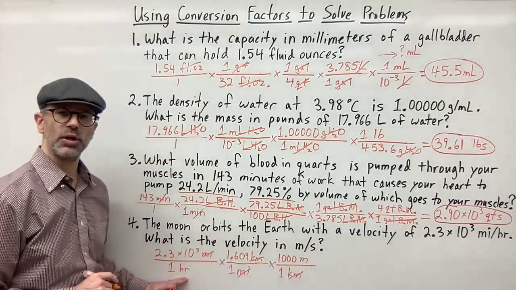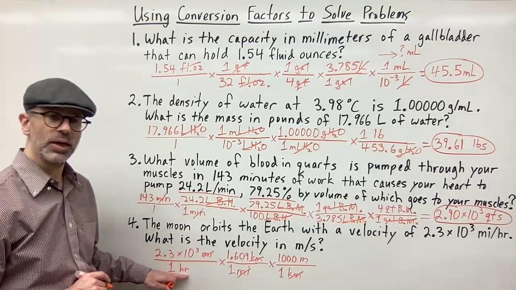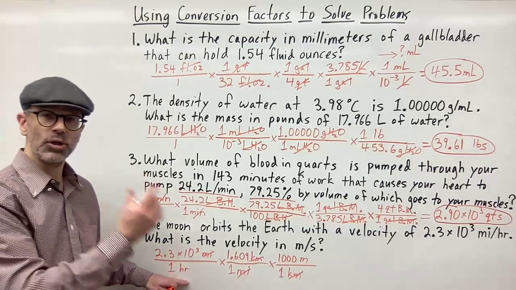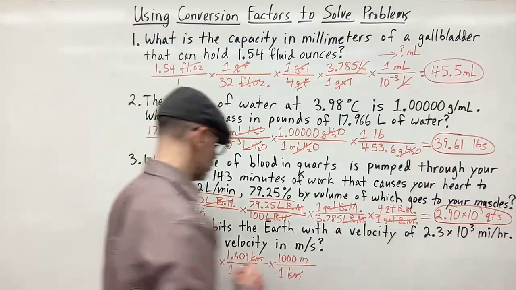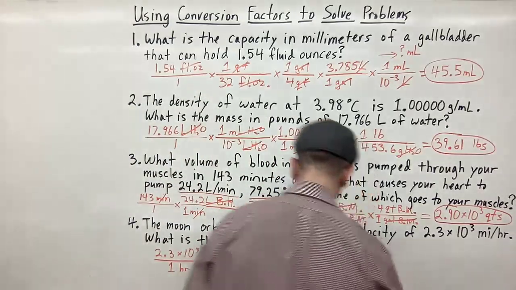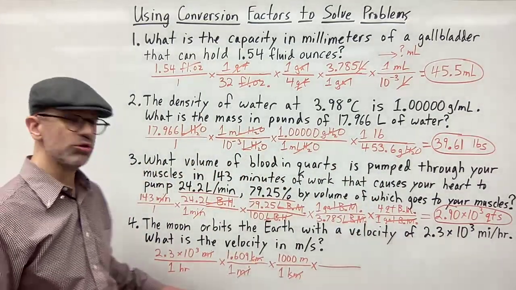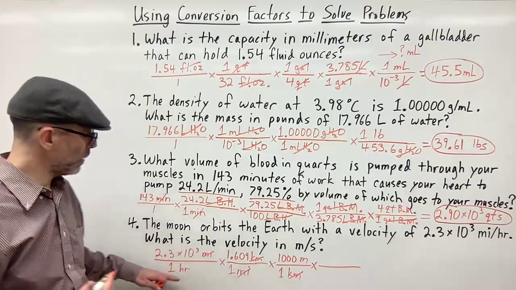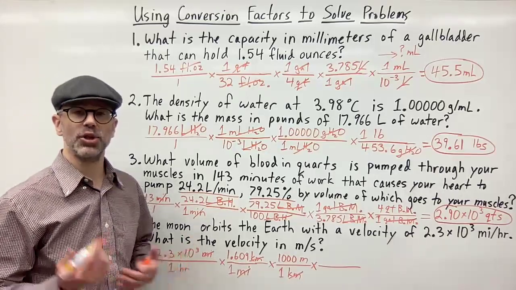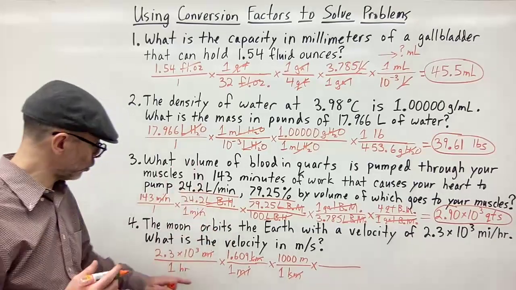Now I need to convert the bottom. So since I have hours on the bottom, I need to put hours on top for my next conversion factor. So I know that 1 hour is equal to 60 minutes. You may know that 1 hour is equal to 3,600 seconds. So you could use one conversion, but most people don't know that.